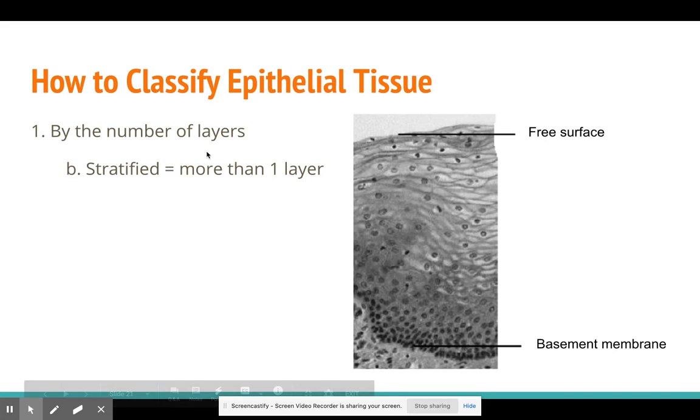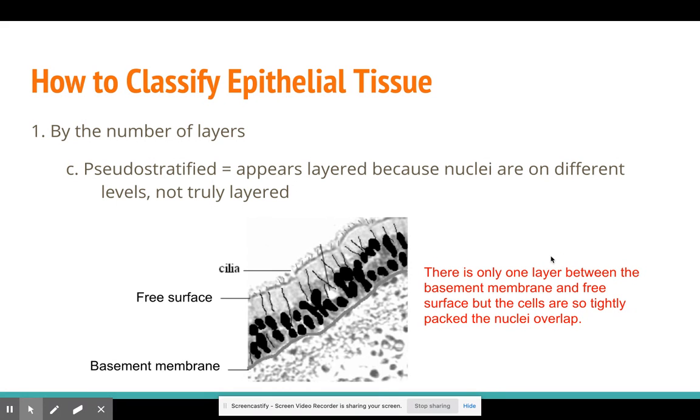So the second type of epithelial tissue is called stratified. You just look, you can see there's layers. The third type, pseudostratified. So it appears layered because nuclei are on different levels, but they're not truly layered.